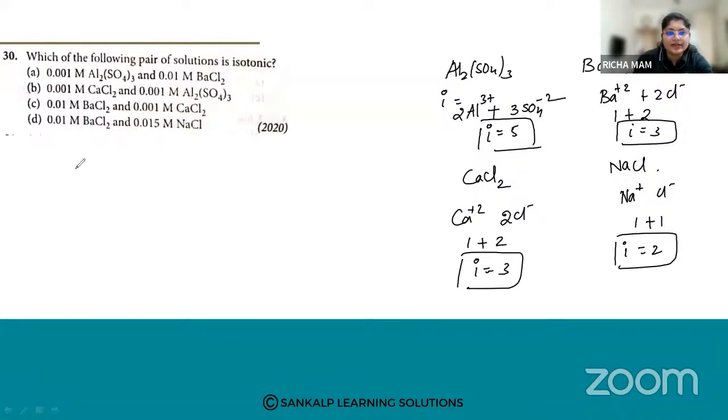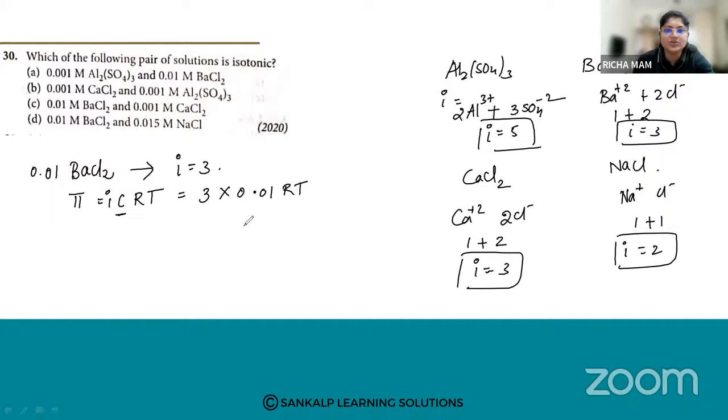Now first let us see barium chloride, 0.01 molar barium chloride. What is i? i is equal to 3. So pi is equal to iCRT. So i is 3, into the concentration 0.01, RT.